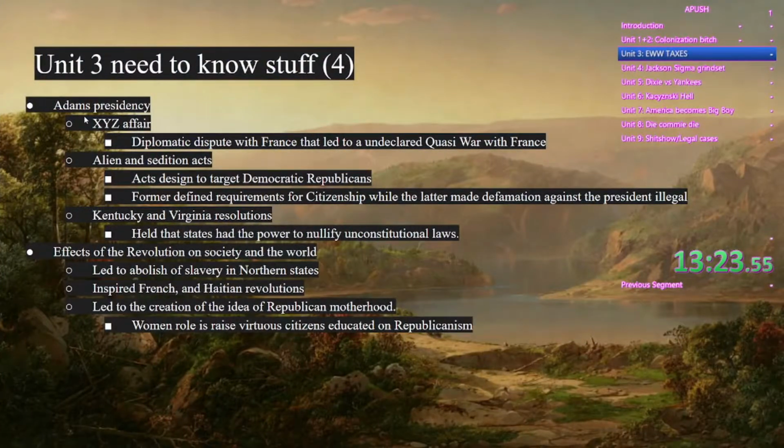For the presidency of John Adams, pretty much you need to know the XYZ Affair, the Alien and Sedition Acts, and what it led to, which was the Kentucky and Virginia Resolutions. And also the effects of the Revolution on society and the world.